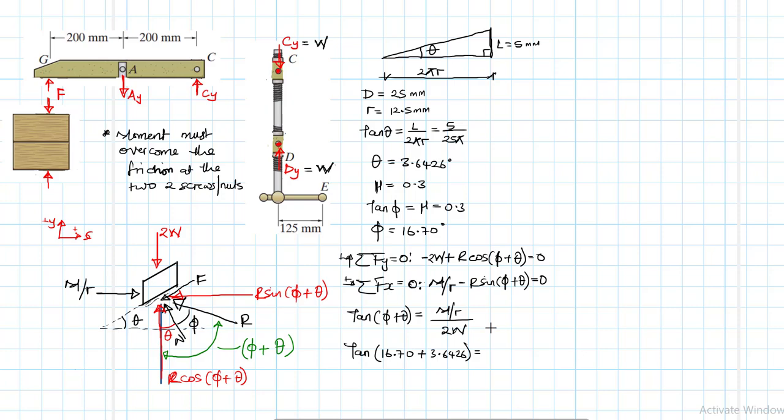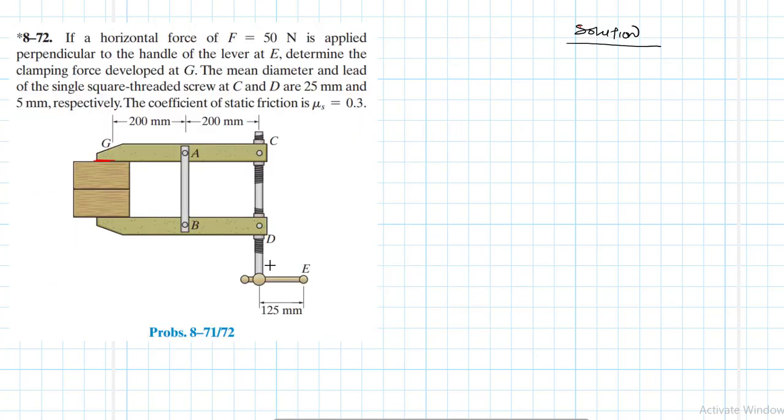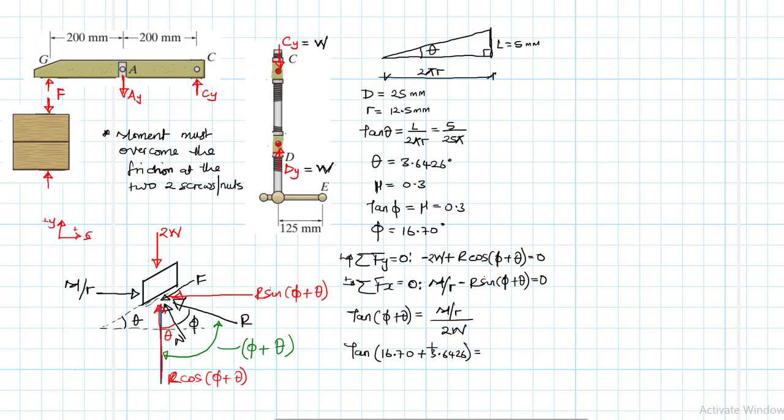We've been told that 50 newtons is applied perpendicular to the handle at E. So we just need to get this particular moment, because we know that m divided by r is equal to F times d divided by r.